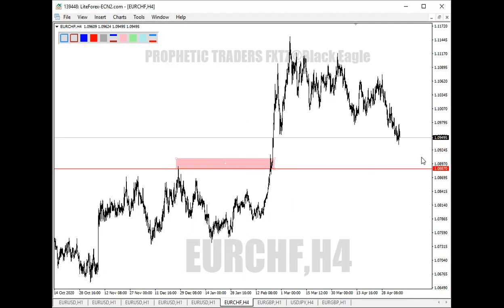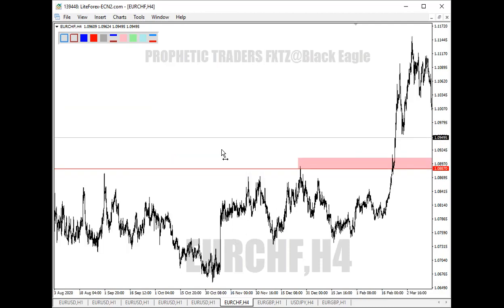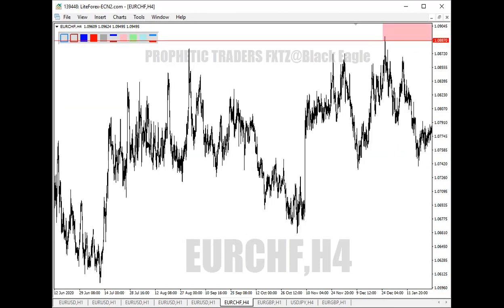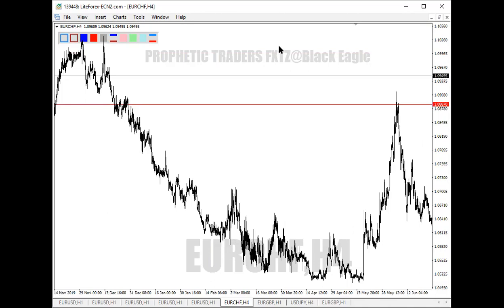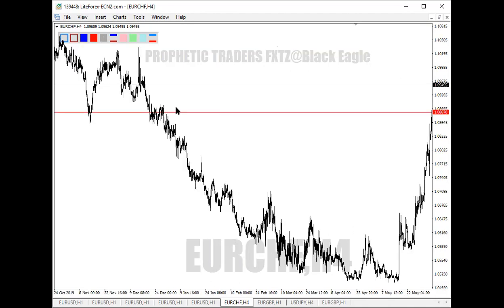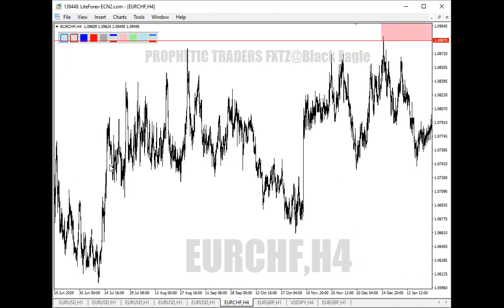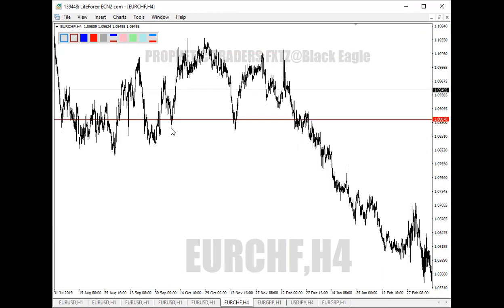This is the swap zone. You see price come to this area. It's a strong supply, and previously it was strong demand.